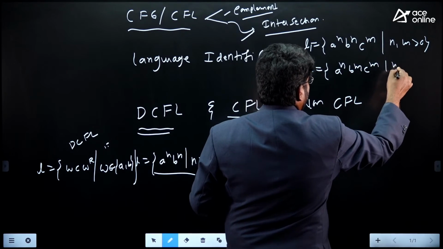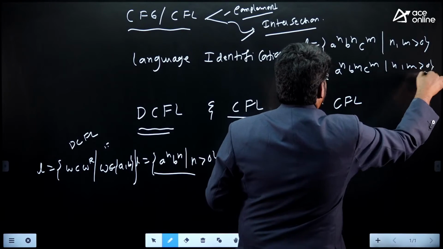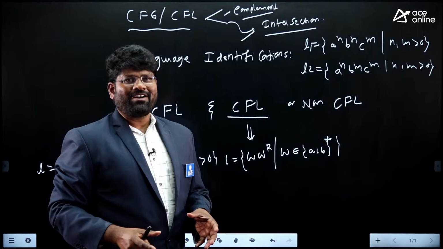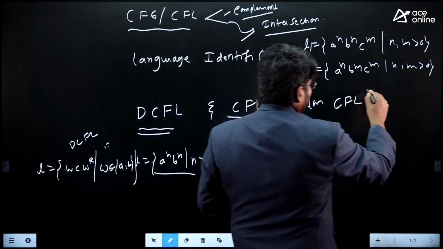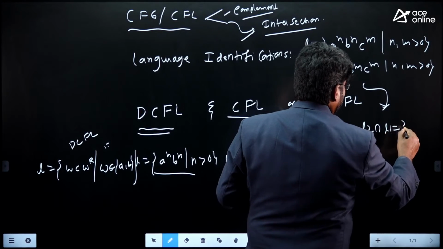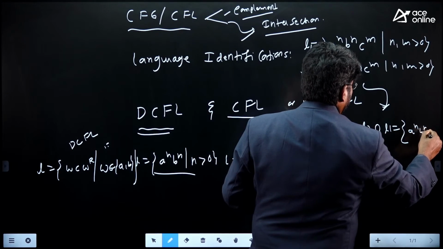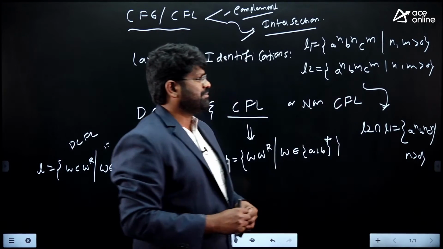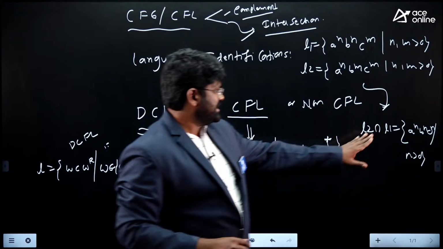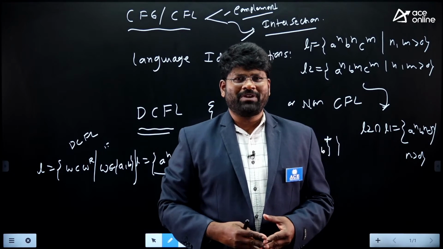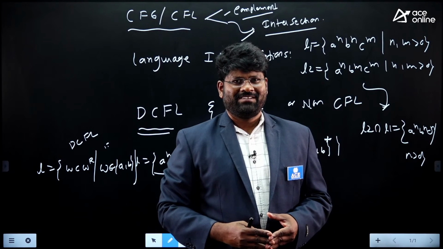Suppose I have taken these languages, both of them are context-free languages. If you take the intersection, it gives a^n b^n c^n, such that n is greater than 0. This is not context-free, it's context-sensitive. A very, very popular context-sensitive language it is.